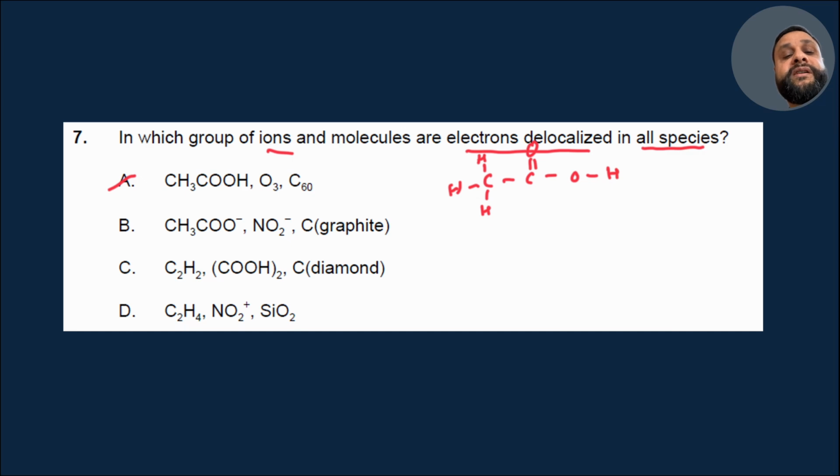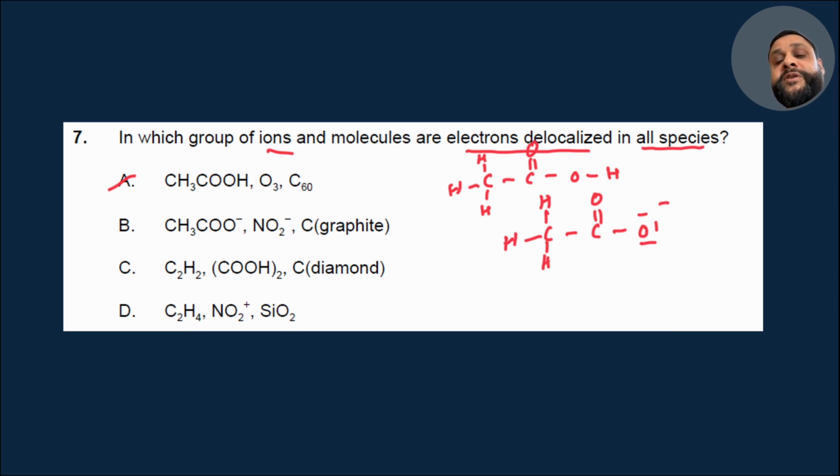Although in O3 there are delocalized electrons, and in C60 as well, in ethanoic acid all the bonds, all the electrons, are localized. Look at B now. We have ethanoate, display that, CH3, C double bond O, and then we'll have O, and we'll have 3 lone pairs and a negative charge.